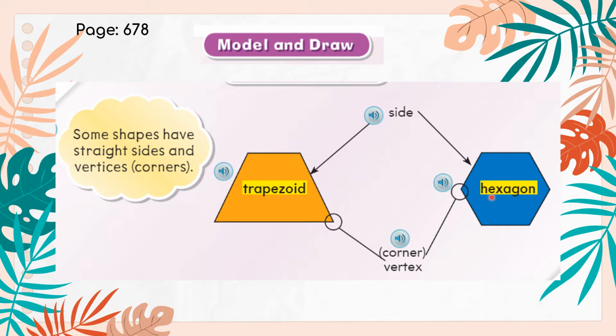How many vertices does a hexagon have? Let's count. 1, 2, 3, 4, 5, 6. And how many sides does a hexagon have? 1, 2, 3, 4, 5, 6. So that's how you count vertices and sides of a shape.